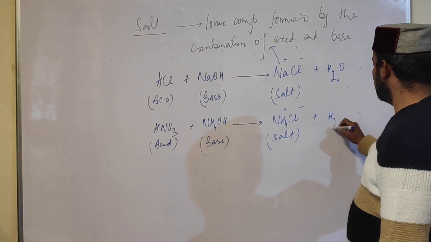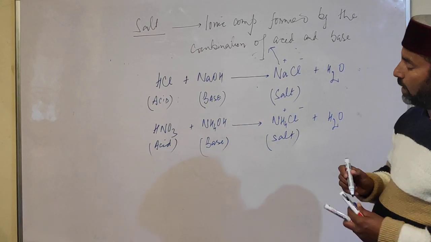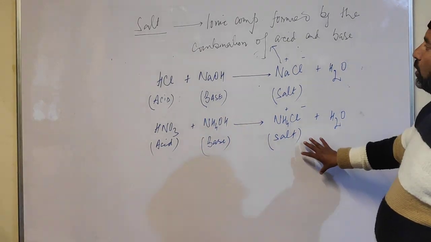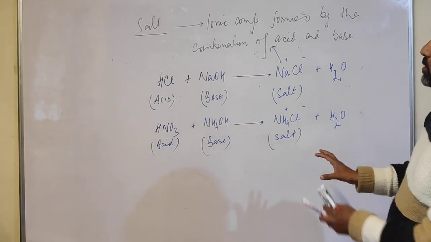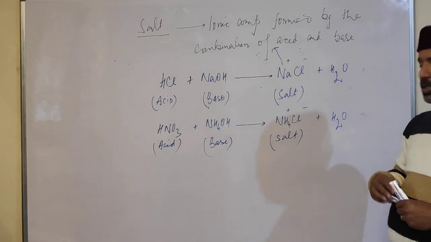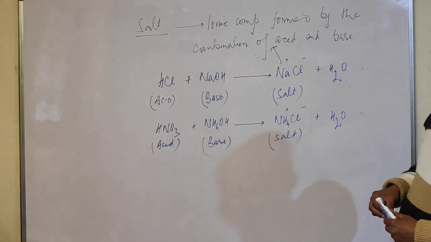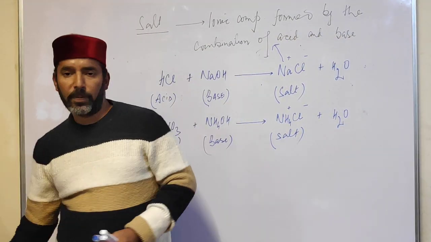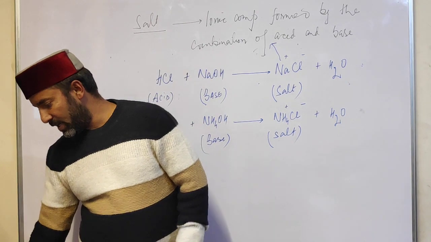So any compound which is formed by the action of acid on base is called salt. So students, this was a brief introduction about acids, bases and salts. Now we'll discuss acids in detail. So the next topic is acids.